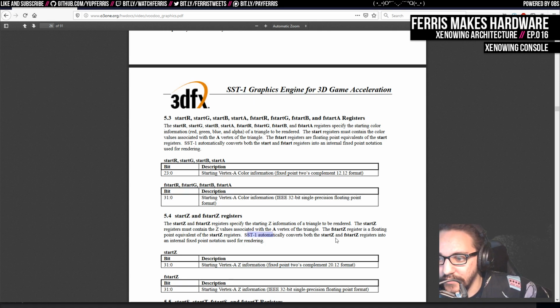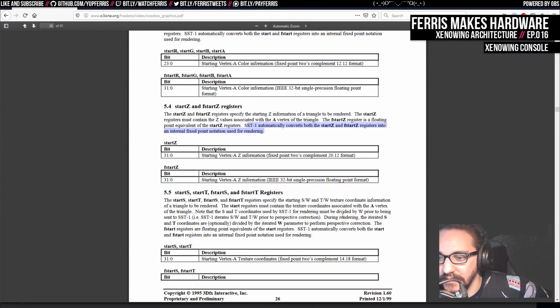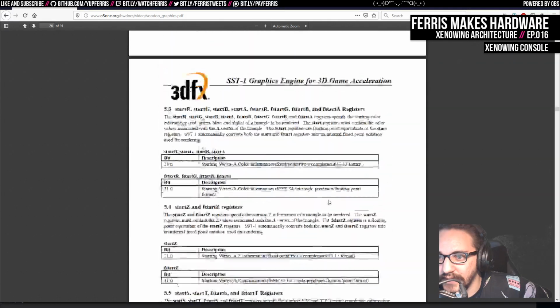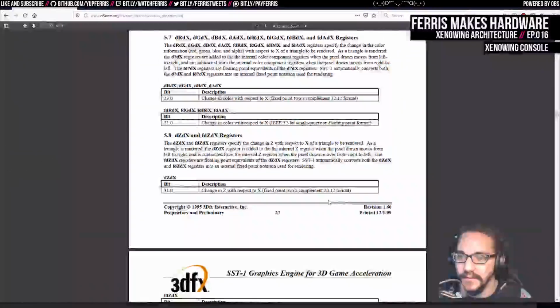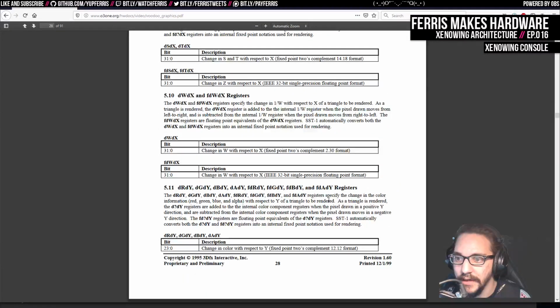Yeah, so it says it automatically converts these into internal fixed point notation. I was hoping to find some information about that conversion. I don't know if we'll get that though.